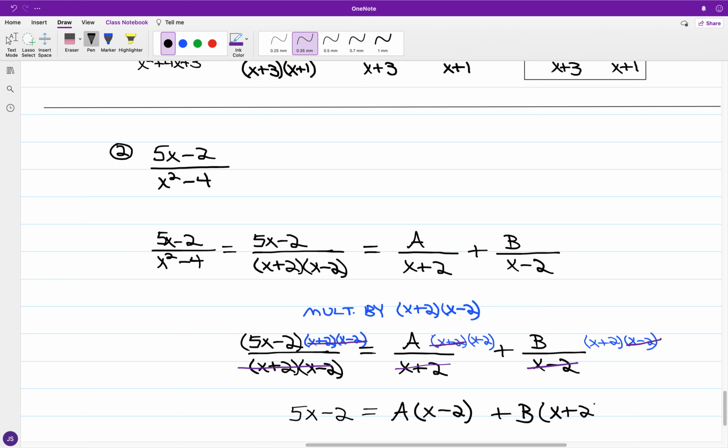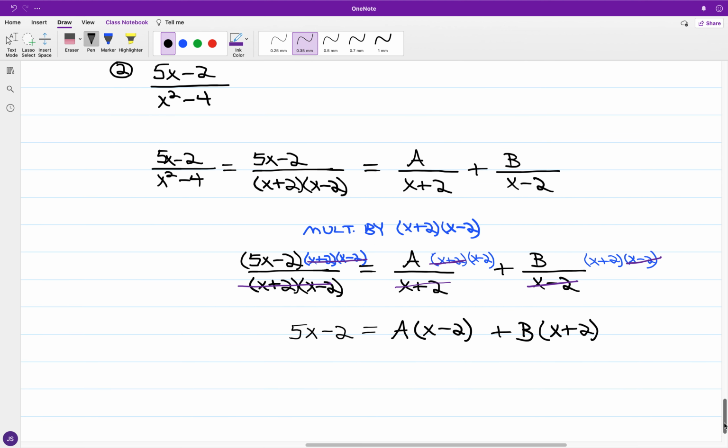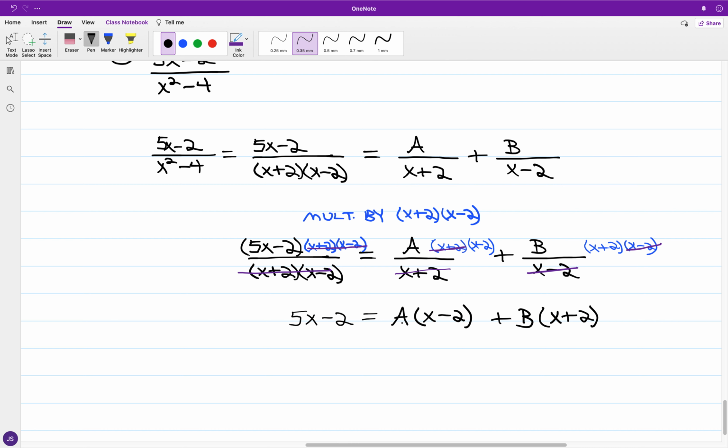So we have 5x minus 2 equals A over x minus 2 plus B over x plus 2. And again, I can solve for A or B first, and we'll go with solving for A, so we can take out B.